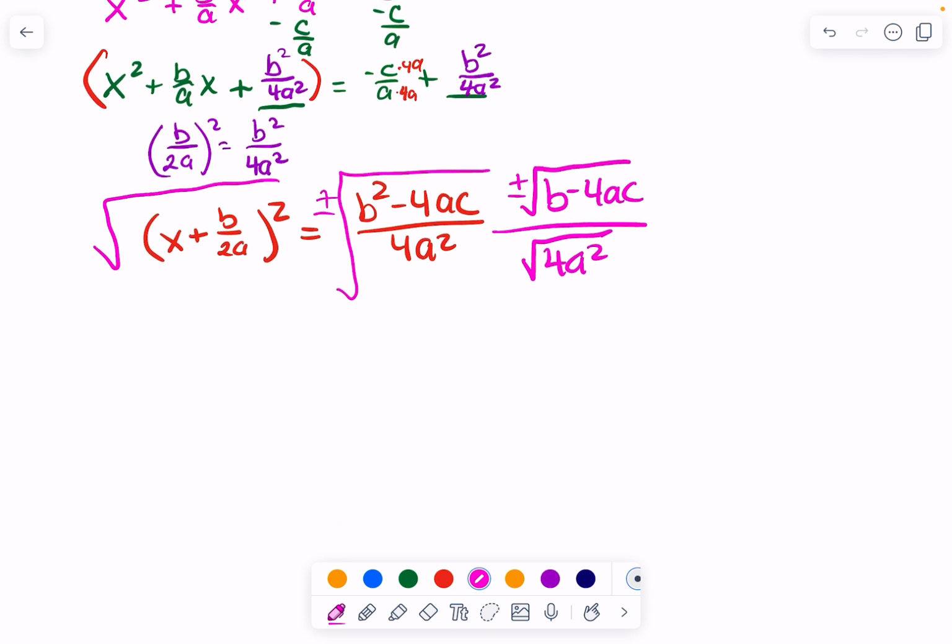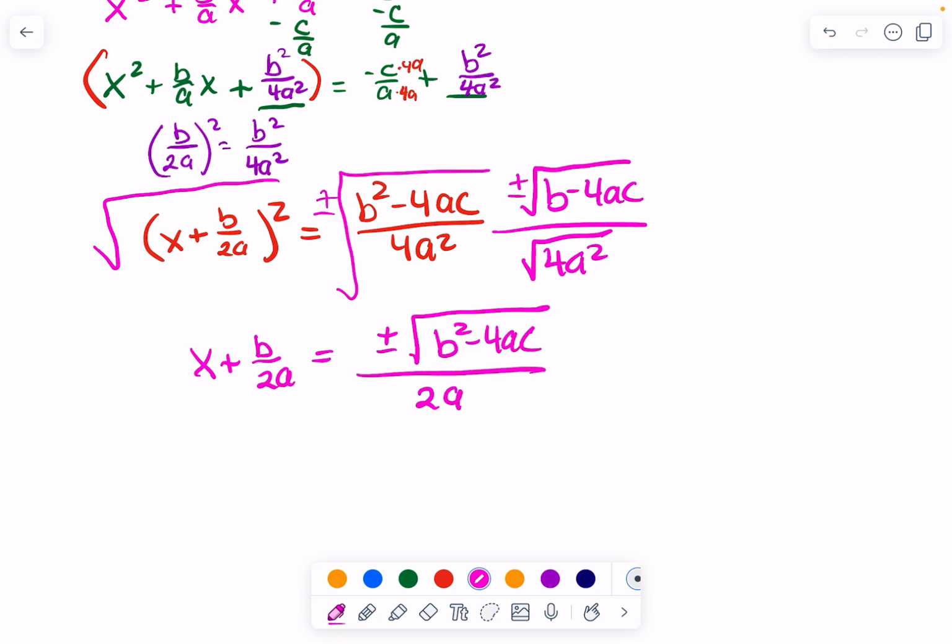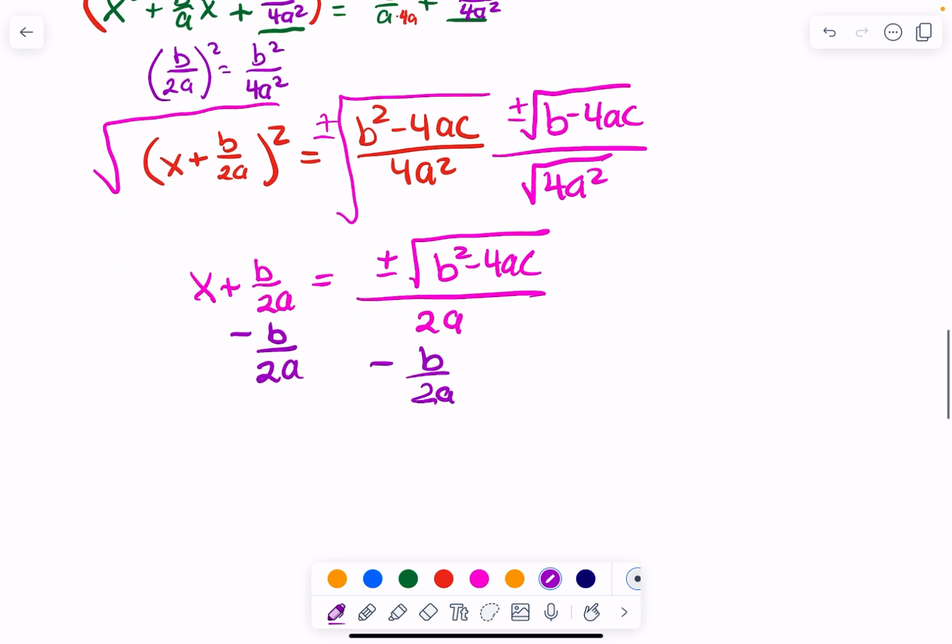So now we have x plus b over 2a equal to plus or minus the square root of b squared minus 4ac over 2a. That's cool because we have a common denominator now when we get our x alone. Our common denominator is 2a.